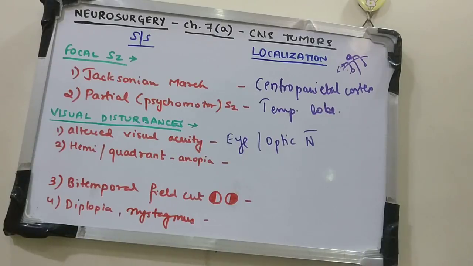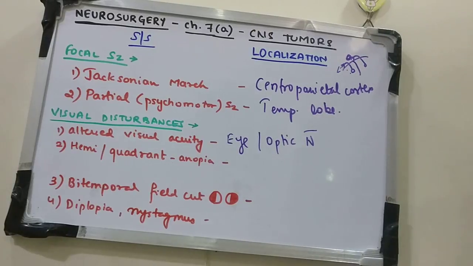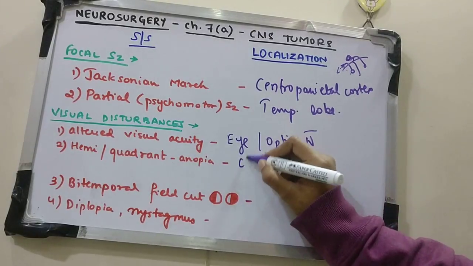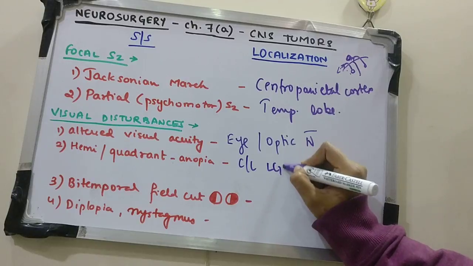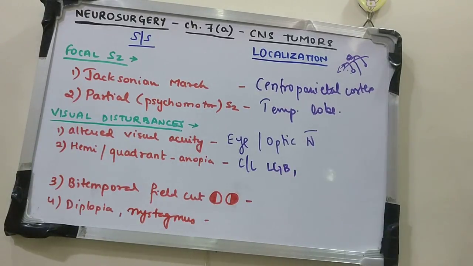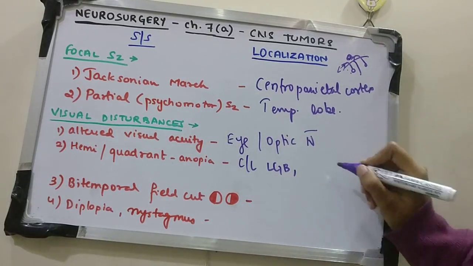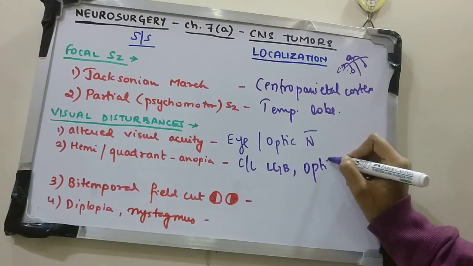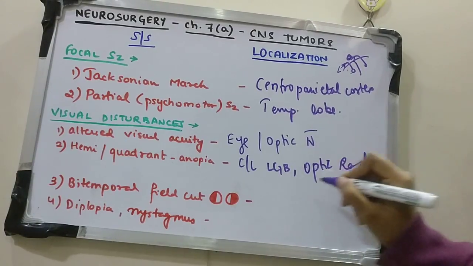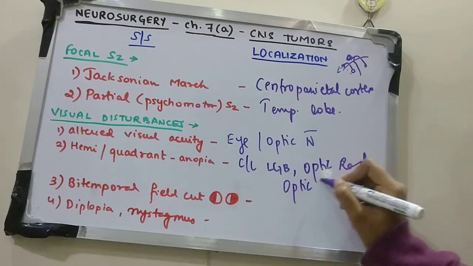Since a big heading has been involved, the answer is moving from the cortex towards the eye. It has to be your opposite lateral geniculate body. There can be involvement of your optic tract and optic radiation.